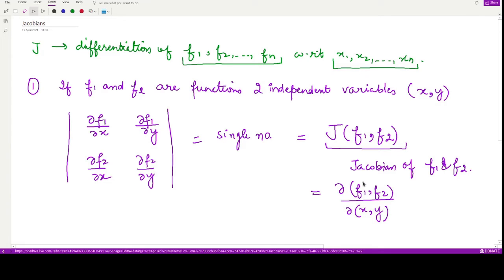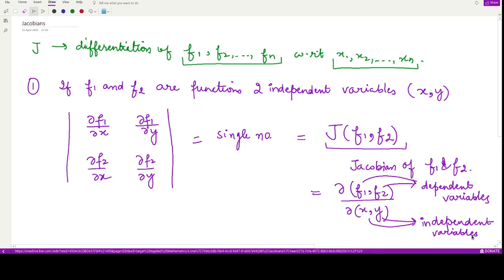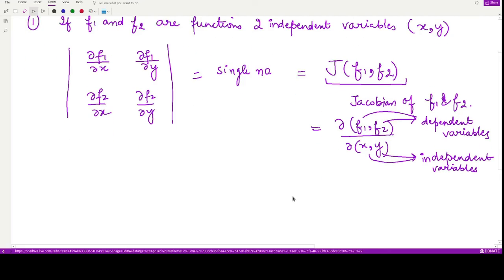Here f1 and f2 are your dependent variables, and x comma y are the independent variables. This is how you calculate the Jacobian when you have two functions.